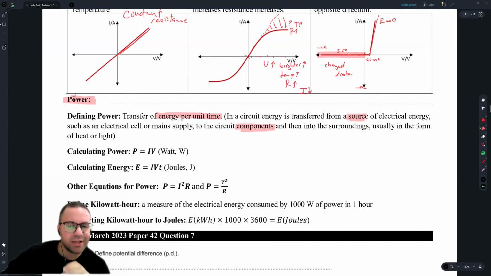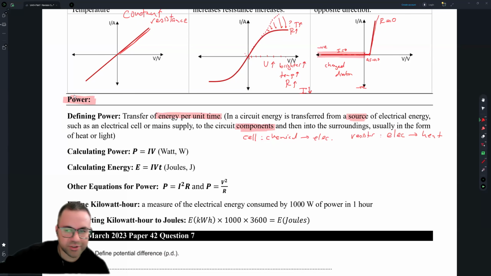A speaker gives out sound, and so on. So please note that in any cell or battery, for example, you change chemical energy to electrical. But in a resistor, you change electrical energy to heat. In a light bulb, you change electrical energy to light.